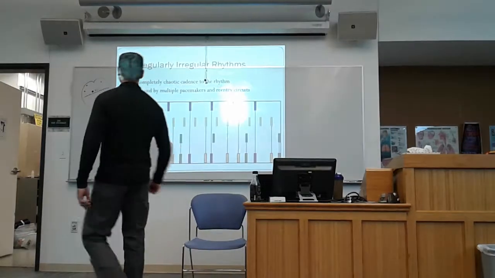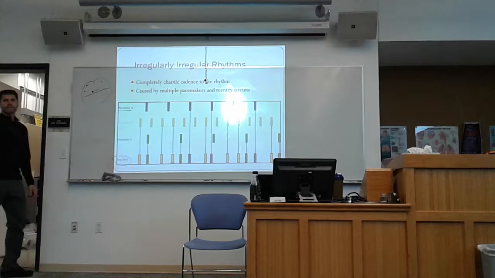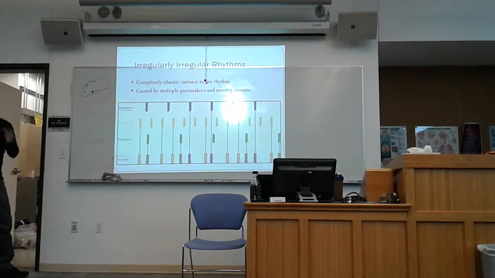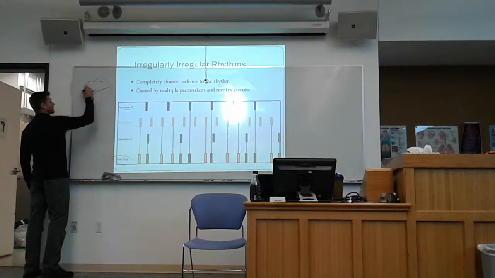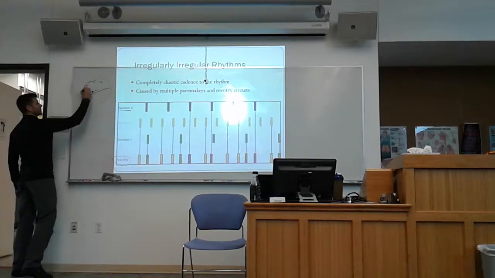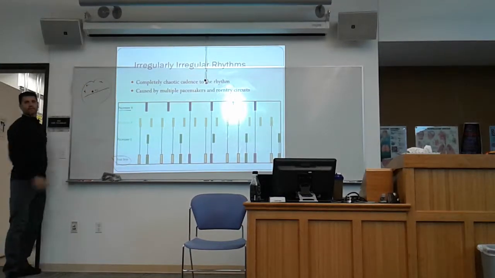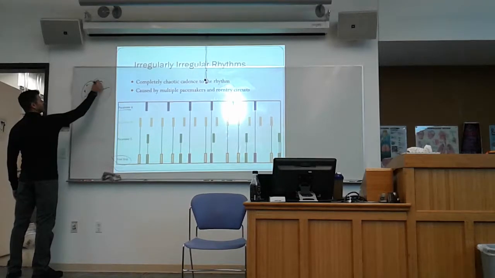The SA node fires and starts sending its signal through all of its gap junctions to all of its neighboring cells. This one starts firing and sending its signal through gap junctions to all of its neighboring cells. This one does the same thing. Good? And there are cells in between, right?